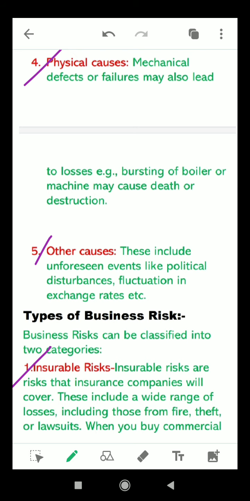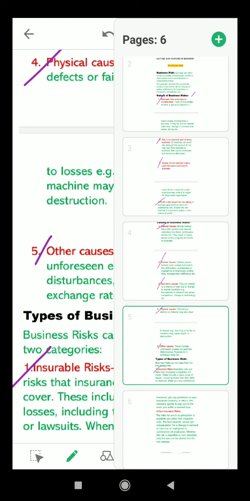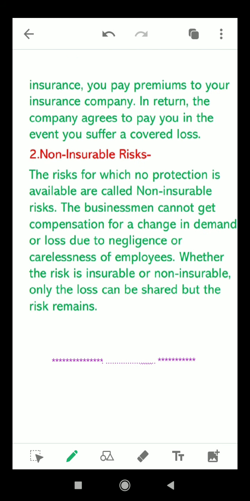Then when we buy commercial insurance, we pay premiums to that insurance company. And in return, the company agrees to pay you in the event you suffer a covered loss. That means these insurable risks are the risks which can be recovered after getting them insured. You can recover that risk if you have insured that product or thing or person.